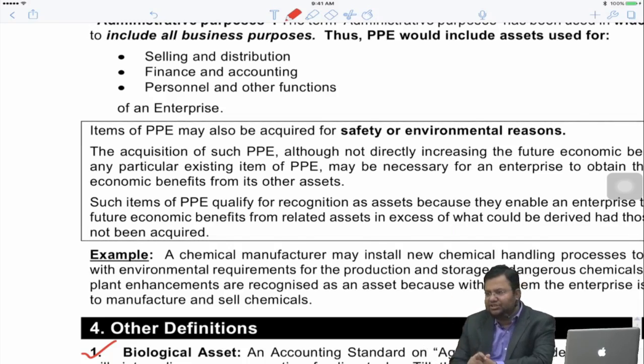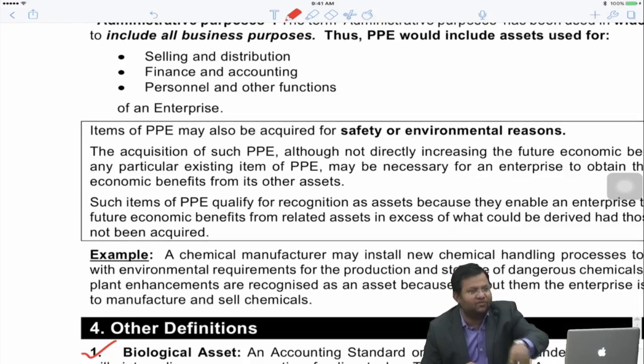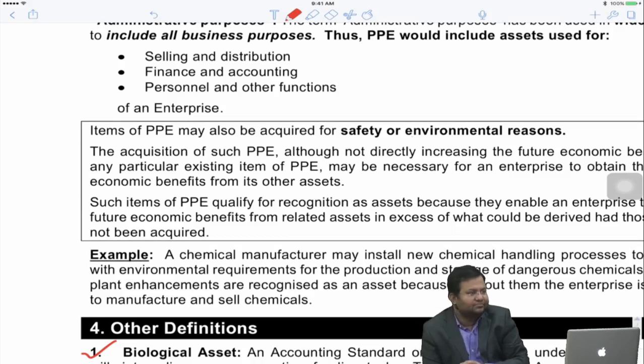And then we make shirts or suitings on our own. Will that cotton farm be PPE for Aditya Birla Nuvo? Answer is no. Cotton farm is not a bearer plant. Cotton farm, it doesn't hold the produce for more than 12 months.